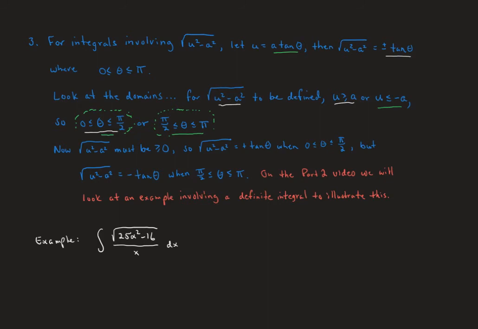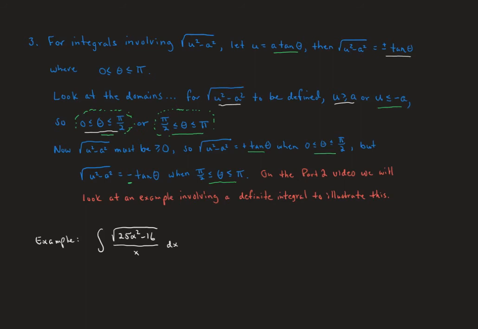So what that means then is if our domain, our interval, is going to be between 0 and pi over 2, then we're going to choose the tangent theta to be our radical. But if the interval that we're integrating over involves an interval from pi over 2 to pi, then we're going to choose a negative tangent theta as our substitution for our radical.